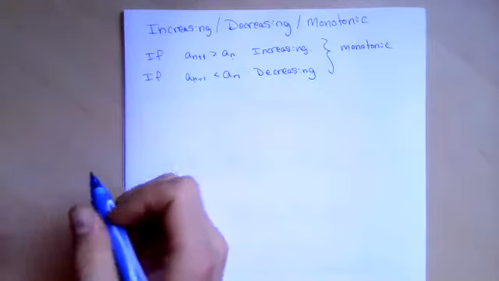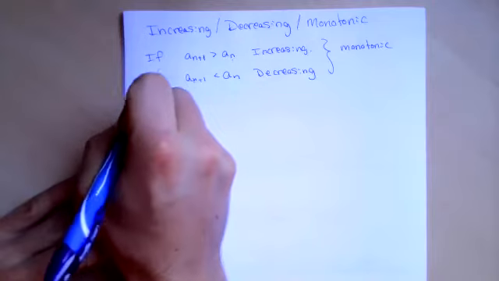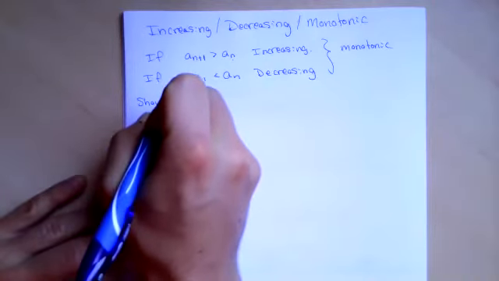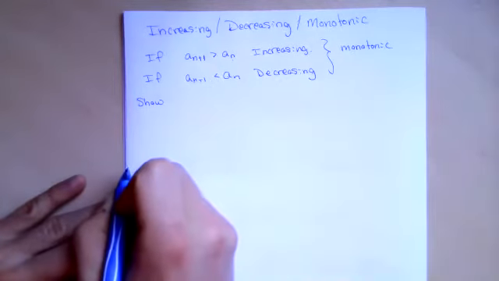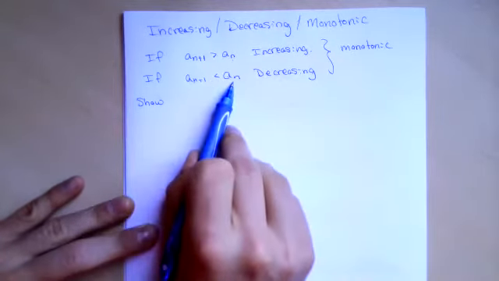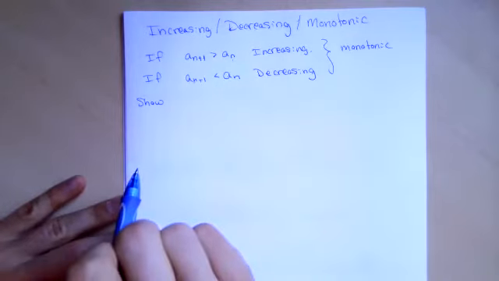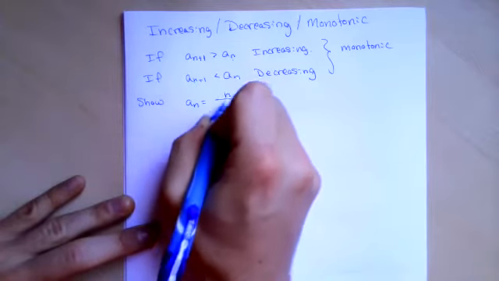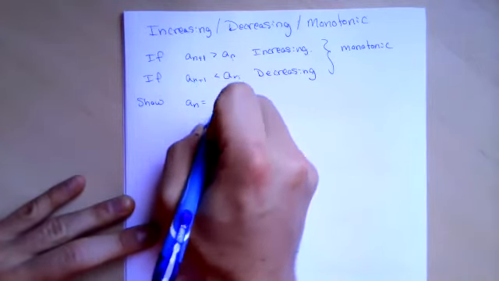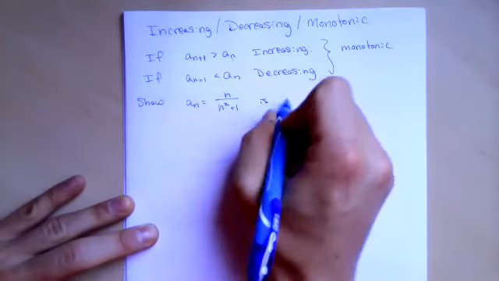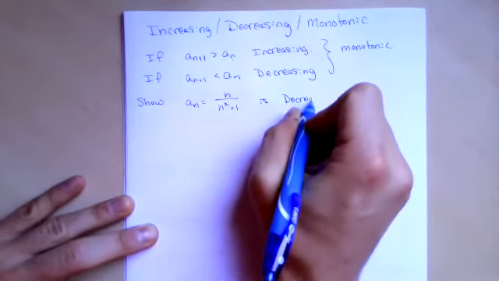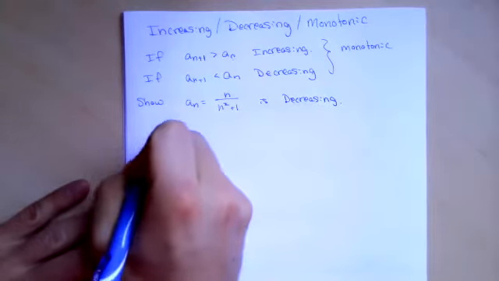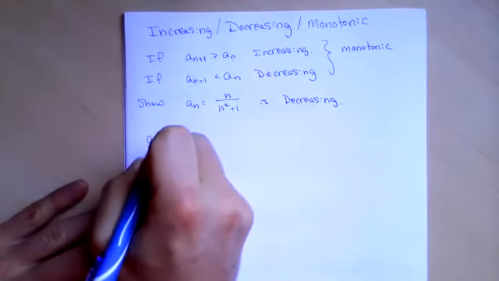So how do I check if a function is increasing or decreasing? We can either do it explicitly using some sort of sequence notation like this, or we can essentially use our calculus tricks. So let's say show that a_n is n over n squared plus 1 is decreasing. So practice a_{n+1}.